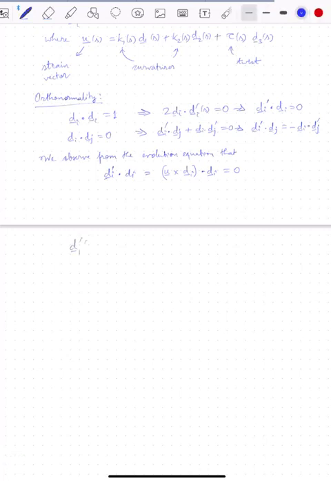So d1 vector prime of s is equal to tau d2 vector of s minus kappa 2 d3 vector of s, and then we have d2 prime of s is equal to minus tau d1 vector of s plus kappa 1 d3 vector of s, and d3 prime is equal to kappa 2 d1 vector of s minus kappa 1 d2 vector of s.